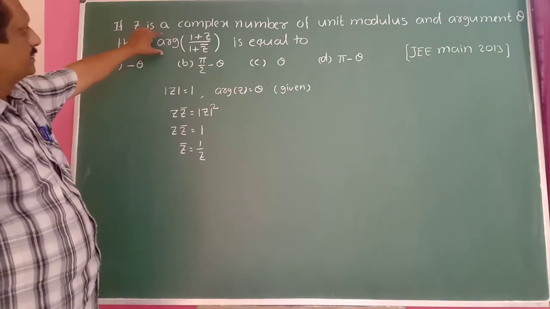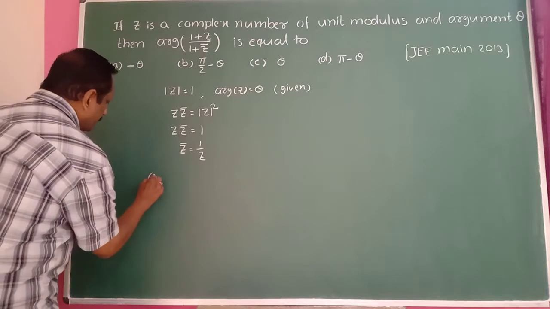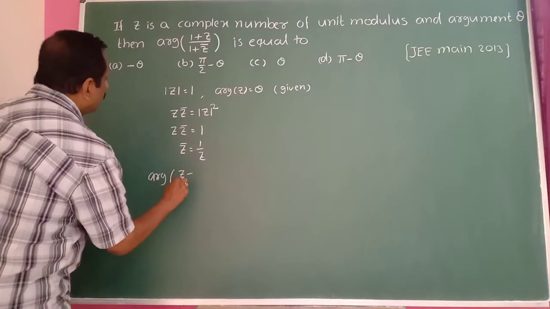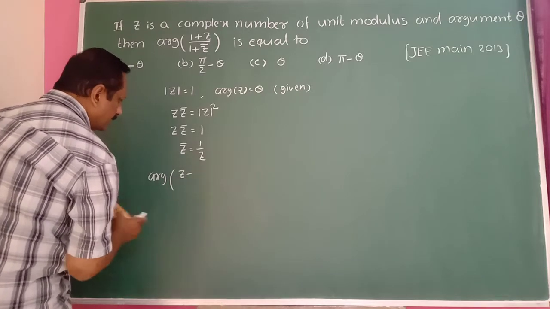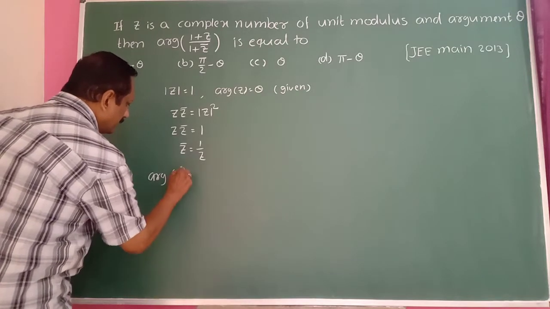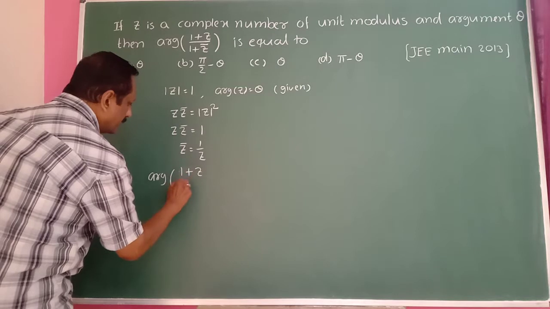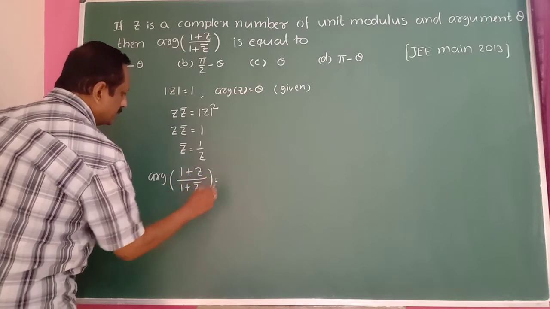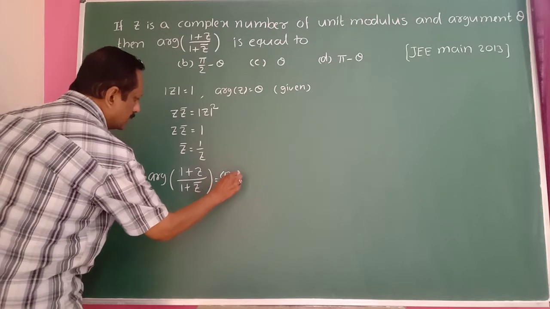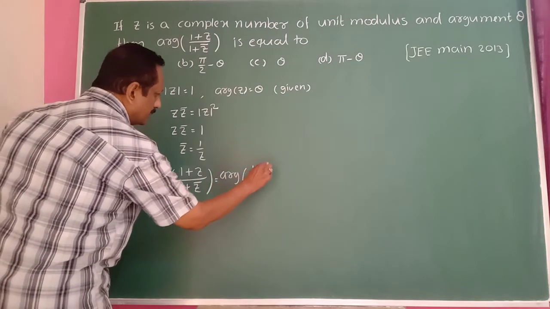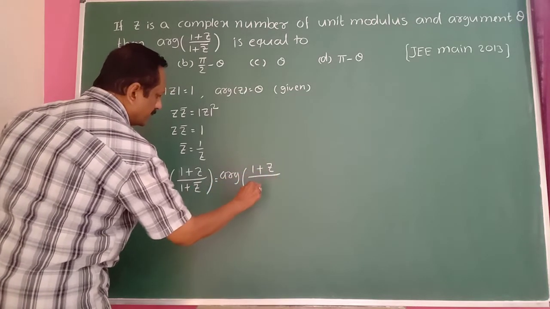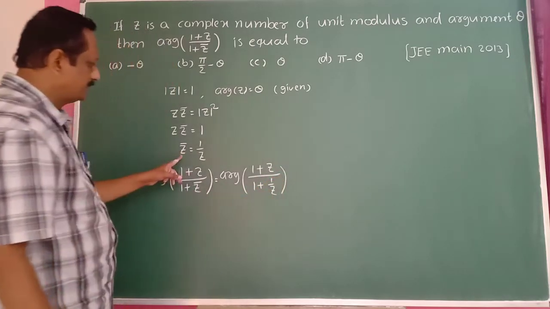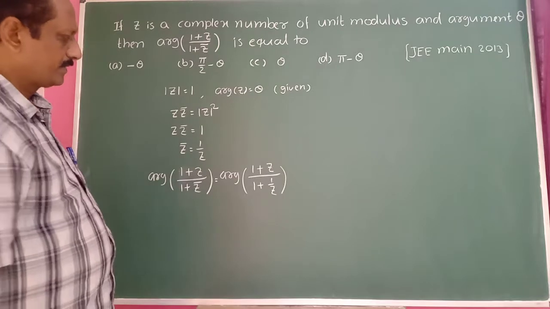Now use this here. Argument of 1 plus z divided by 1 plus z bar is equal to argument of 1 plus z divided by 1 plus 1 divided by z, since z bar is 1 upon z.